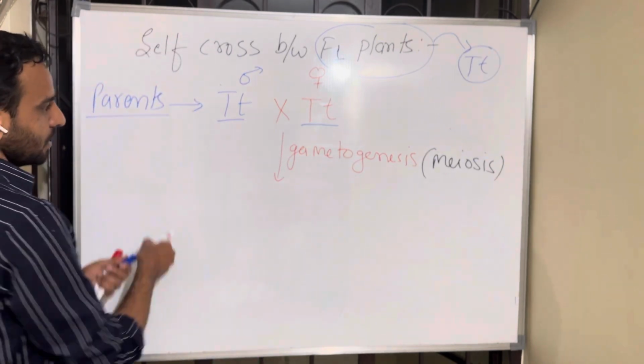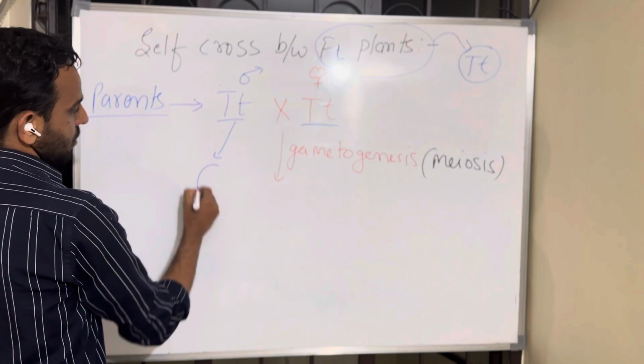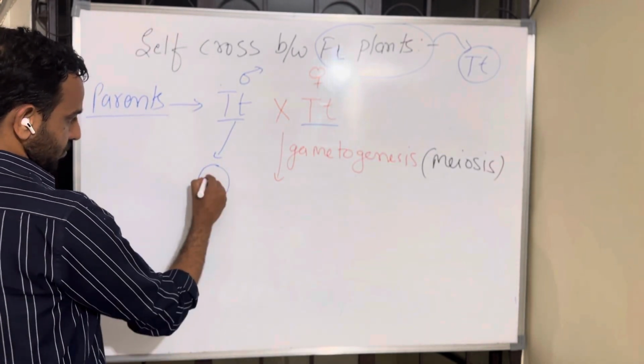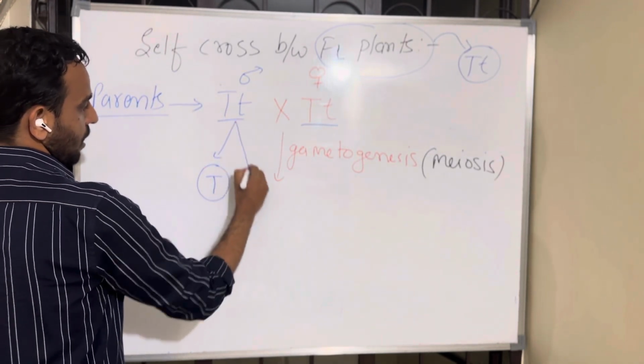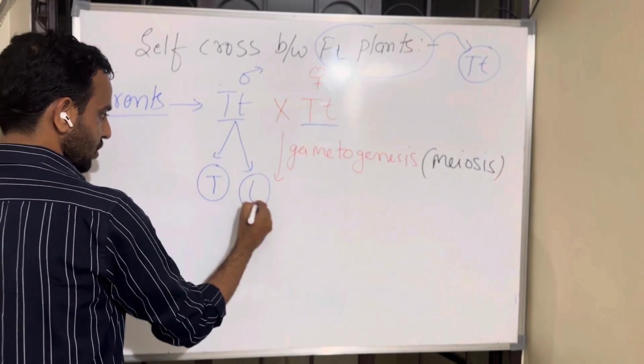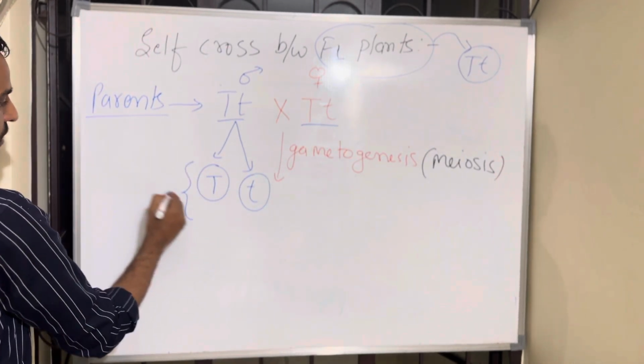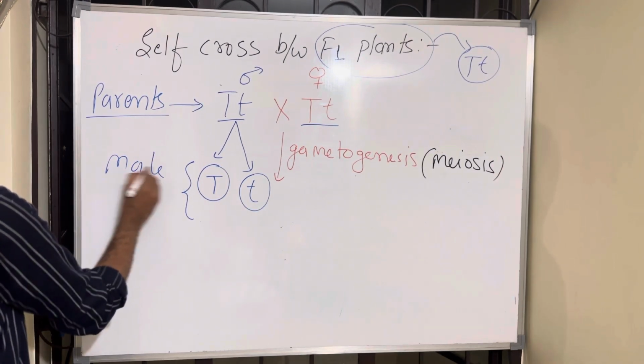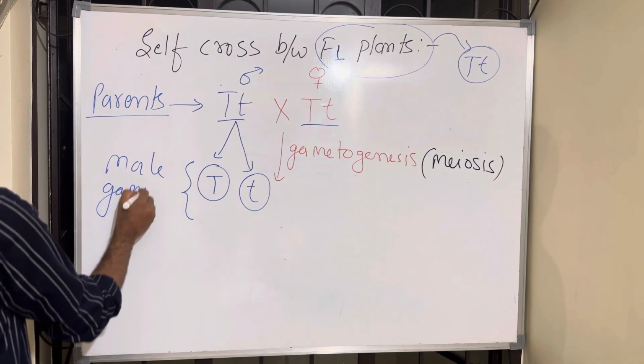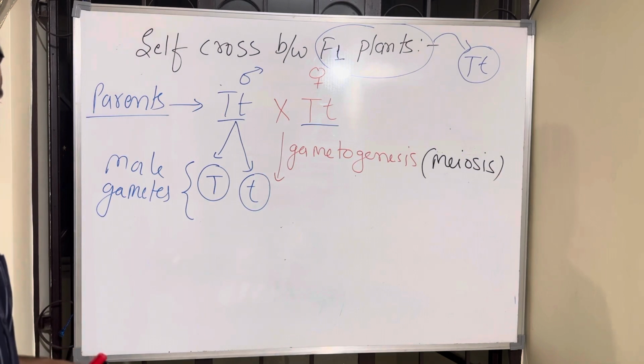Similarly here, some of the male gametes will be of capital T type and the other 50% will be of small t type. These are male gametes.